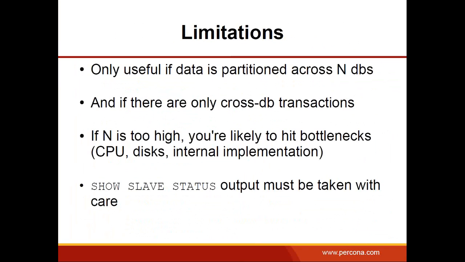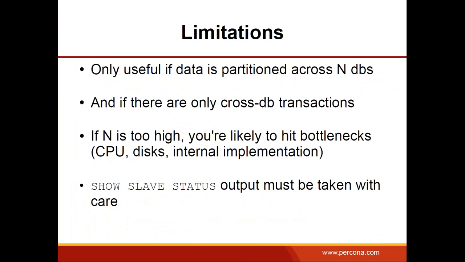But if you have n equals 100, and if you're able to have lots of execution in parallel, you will probably hit CPU bottlenecks or disk bottlenecks or other bottlenecks. This is something that we still have to find and to see how we can find workarounds.